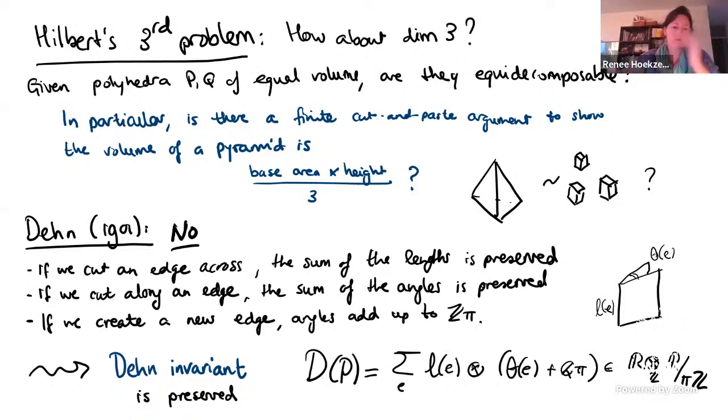And we might cut somewhere in the middle and create a new edge, but then we created it either in the interior or on a face, so the dihedral angles have to add up to a multiple of pi. So you show that the Dehn invariant is preserved, which is the sum over all edges of the length of the edge tensor the dihedral angle, up to Z pi.